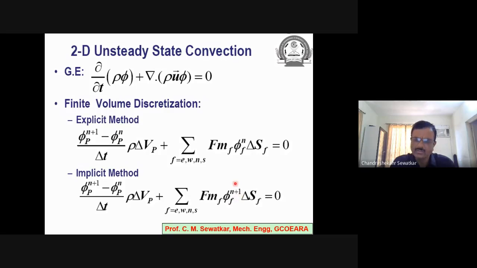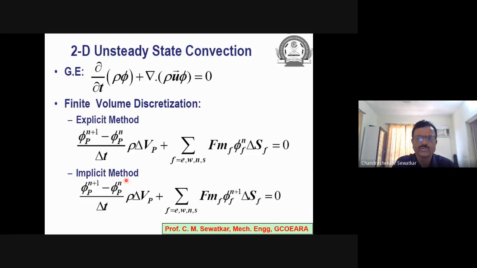But if I write down such an equation for all the cell centers, I will have as many equations as the cell centers, and as many unknowns as the cell centers. So the number of equations and number of unknowns will be equal, and those equations can then be solved simultaneously, and such a method is called implicit method.